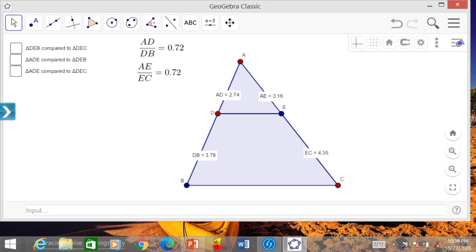So, triangle ADE and triangle ABC are two equiangular triangles. Thales constructed two equiangular triangles by drawing a parallel line to a side of a triangle.